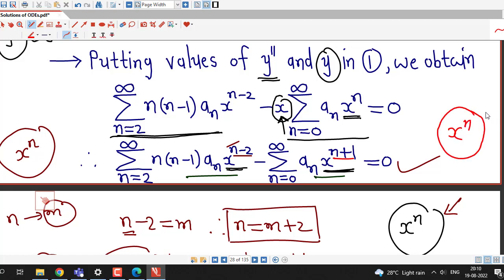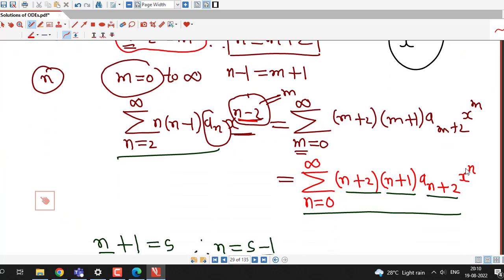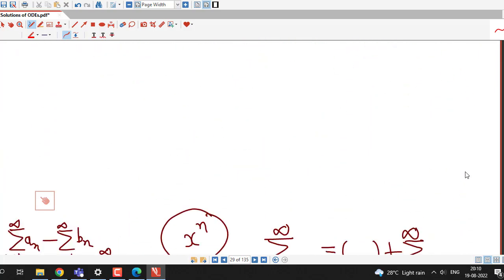We will find out those summations in which the power of x is not n. Here we have two summations, and in both the summations the power of x is not n. So by transforming the summation index, we are able to convert these summations into powers of x raised to n.